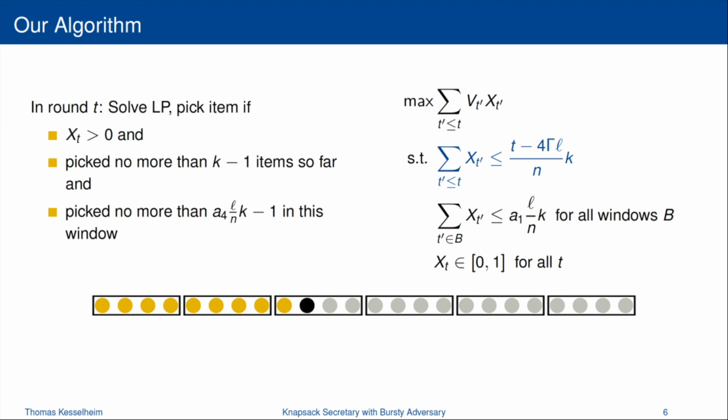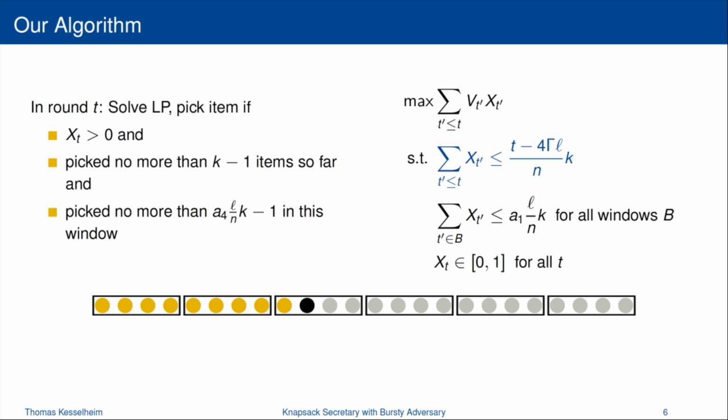And this is reflected by this first constraint. It says, okay, out of the items that we've seen so far, a fraction that is proportional to the number of random order items seen so far times k should be taken into consideration.